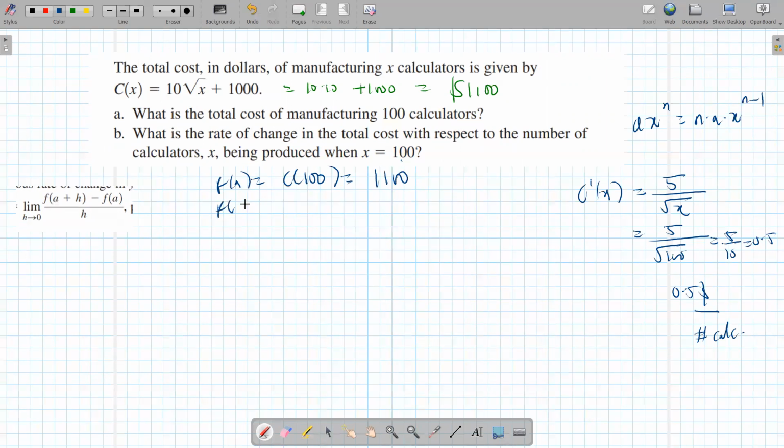Now we need to find f of a plus h, which is going to be c of what? Well, a is 100, h is h. So c of 100 plus h. Can you tell me what that is?